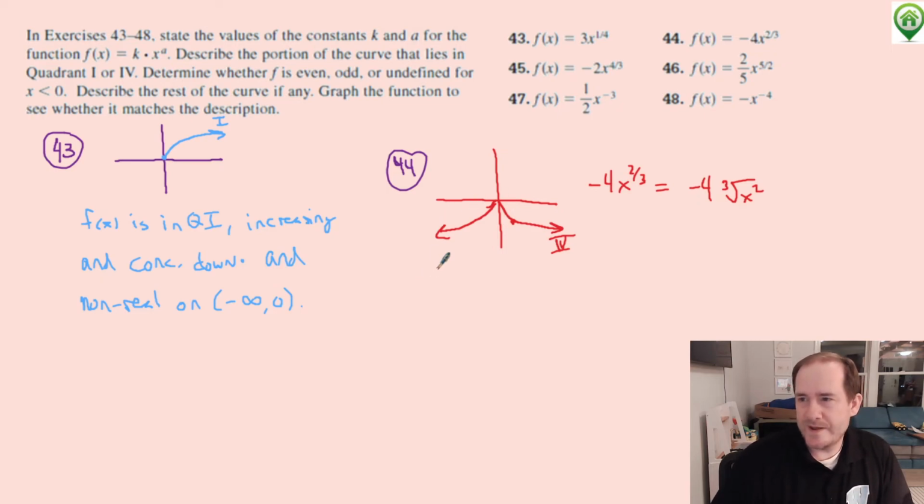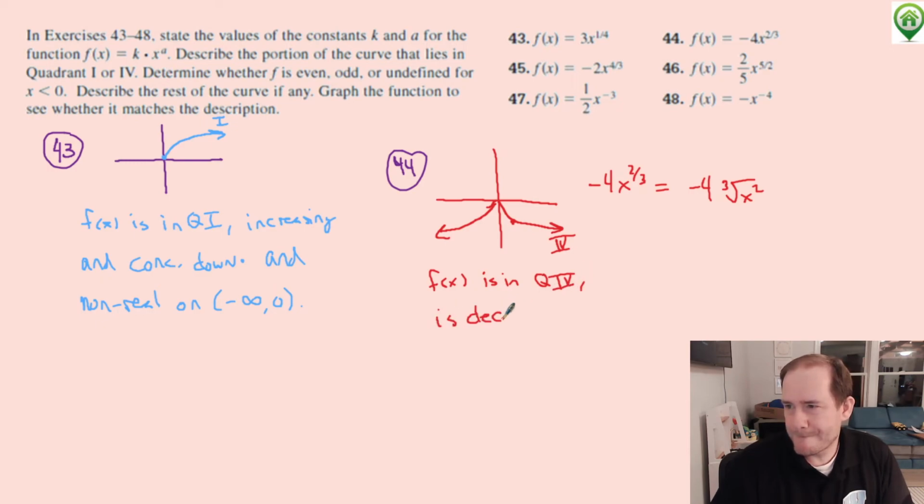So then describing that in words, you'll say f of x is in quadrant 4, is decreasing and concave up and has even symmetry.